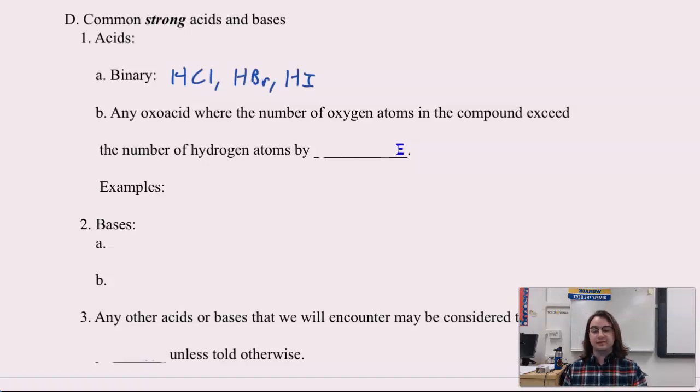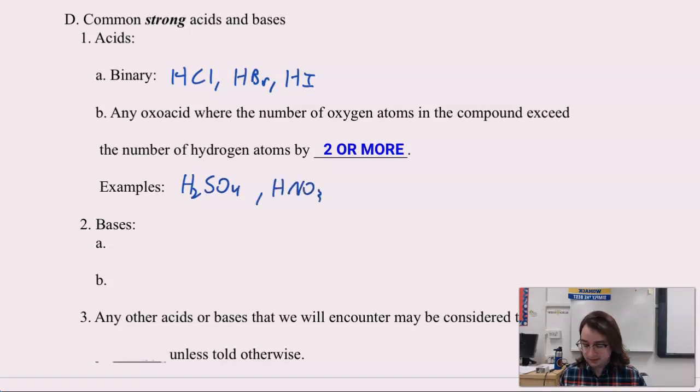Now, we also have ternary strong acids, and that's when we have any oxo acid where the number of oxygen atoms in the compound exceeds the number of hydrogen atoms by 2 or more. Some examples that we're going to really be focusing on in this class are H2SO4, HNO3, HClO3, and HClO4. So those are sulfuric acid, nitric acid, chloric acid, and perchloric acid.